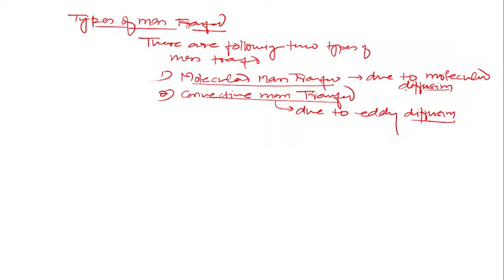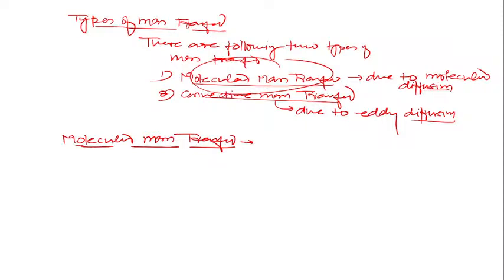First I would like to start with molecular mass transfer. As the name suggests, it's a molecular phenomenon. It means the transfer of a species at the molecular level due only to molecular activities.